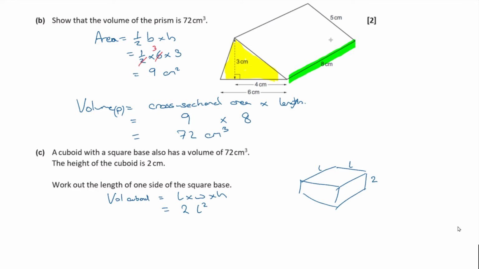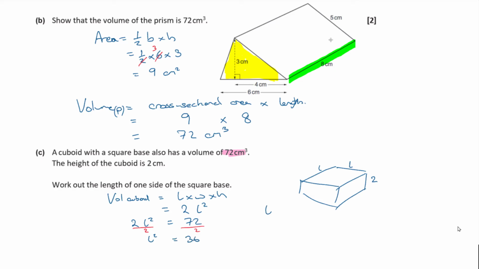And we know then that the volume of this is 72. So we can say that 2 lots of L squared is equal to 72. Dividing both sides by 2, I'm going to get L squared is equal to 36.